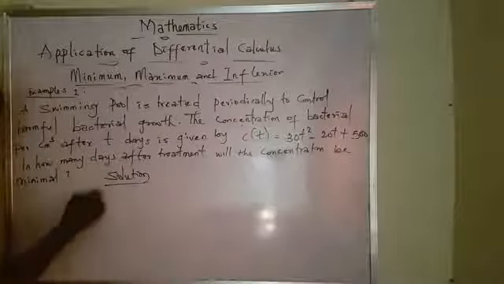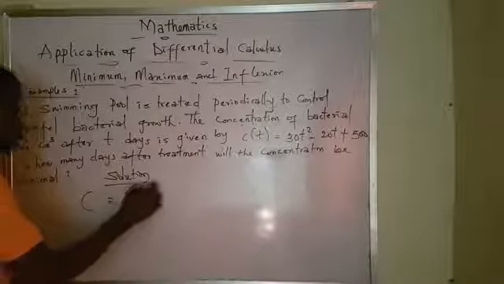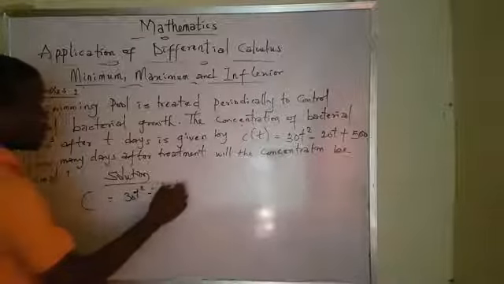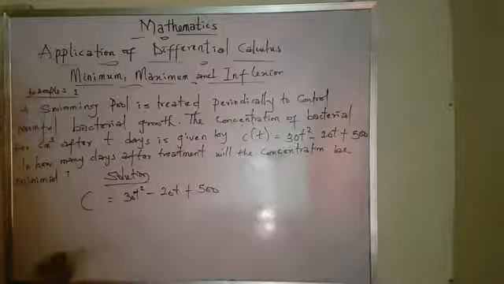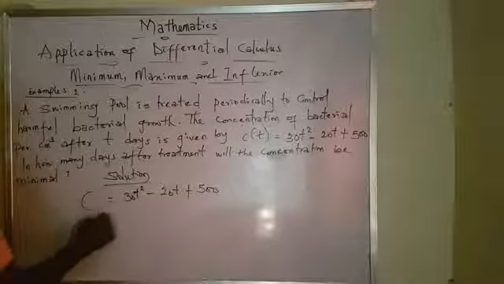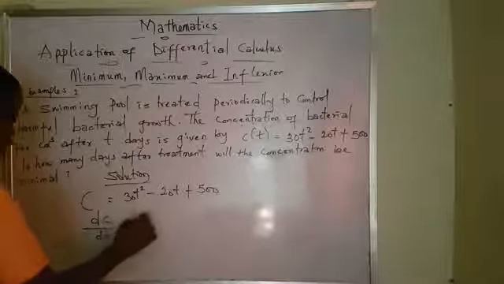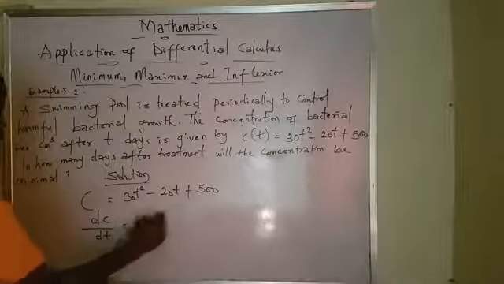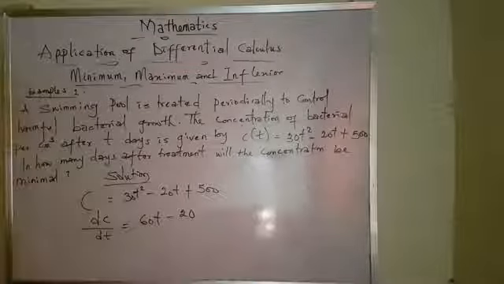So we have our C equal to 30T squared minus 20T plus 500. So what does that mean here? All we are doing here is differentiating. So dC/dt will be equal to 60T minus 20.